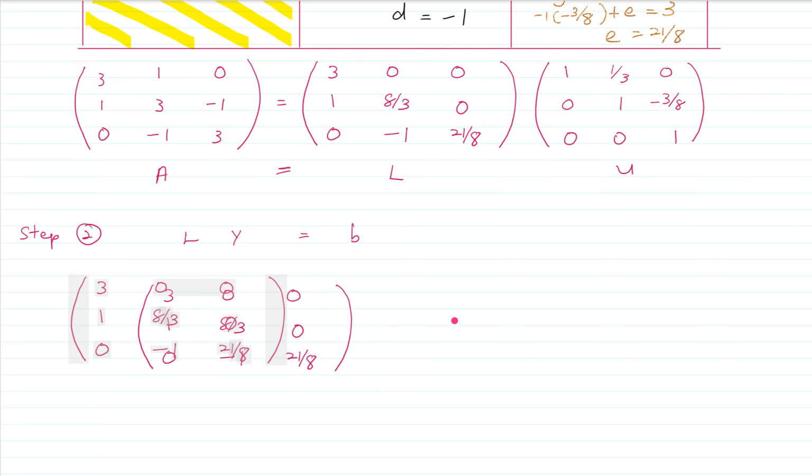This is LY, where Y we write down as Y1, Y2 and Y3, equals B. Where can we get the B value?